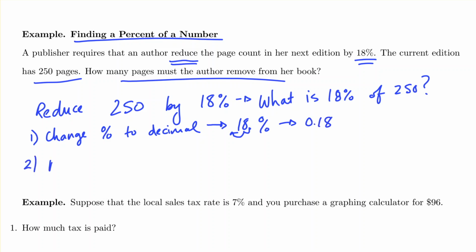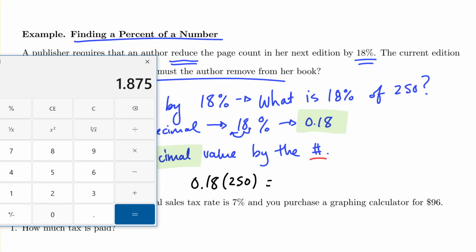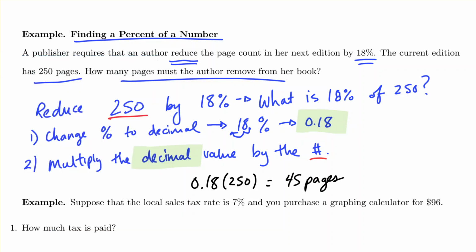And then step 2, multiply the decimal value by the number that we want to figure out. So here our number is 250, and our decimal that we found is 0.18. So that would be 0.18 times 250. We're going to use our calculator here. 45 pages should be reduced.